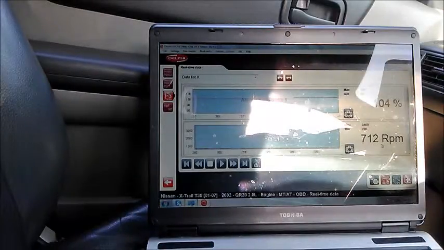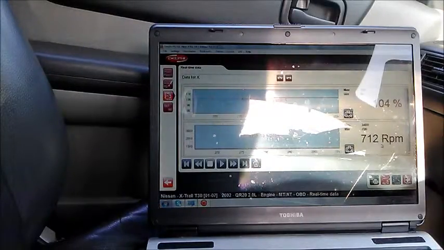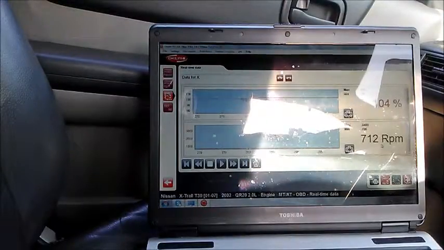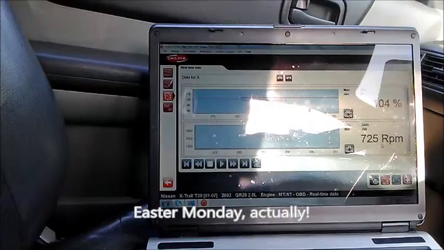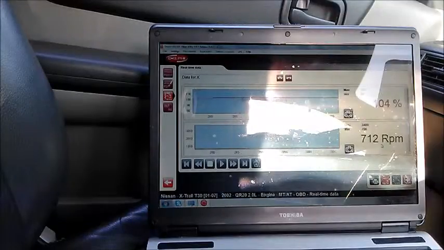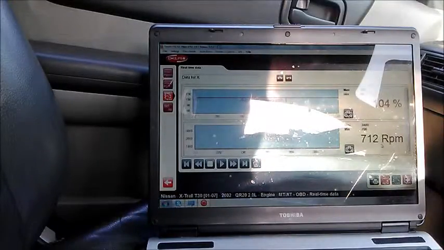I think next step should be for us to investigate fuel pressure issues on this vehicle. I don't know if we are going to do that today because one, today is public holiday. Two, I'm going to have a look at the engine, but I don't think this model has the Schrader valve on the fuel rail to fit the gauge that we have.